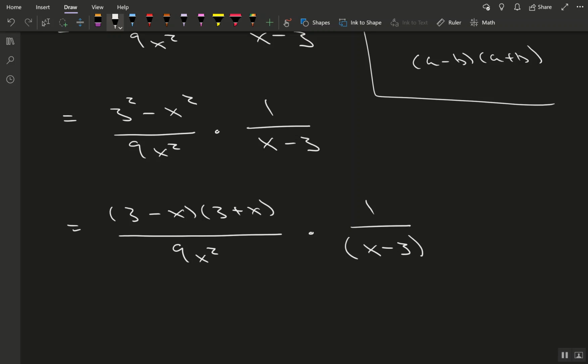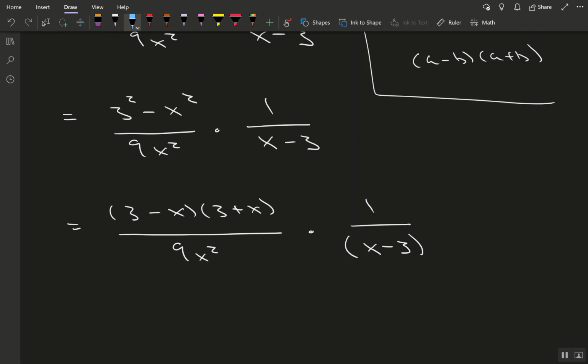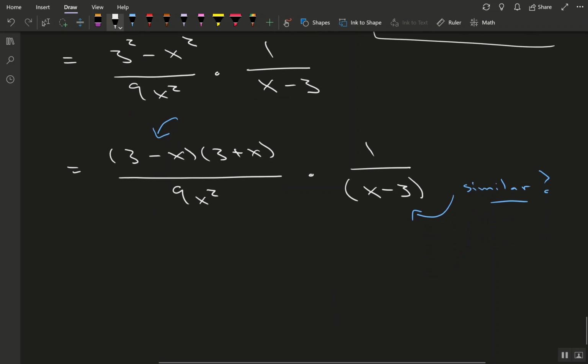Now, if you notice, this guy right here looks kind of similar. So if I want those guys to look the same, I'll just factor a negative out. And so if I factor a negative out, I'll get x minus 3. I still have x plus 3 here, because that one commutes no problem.